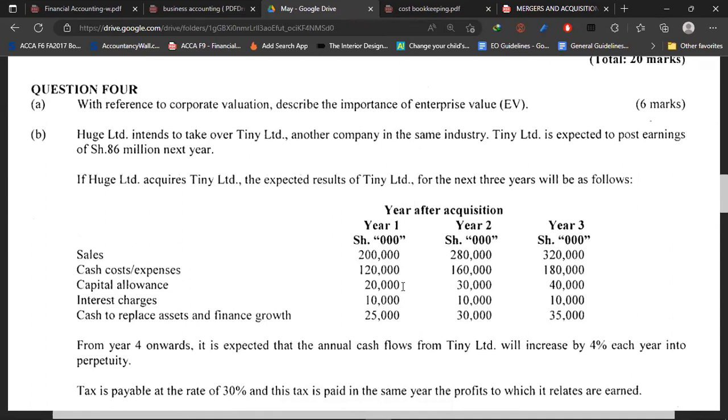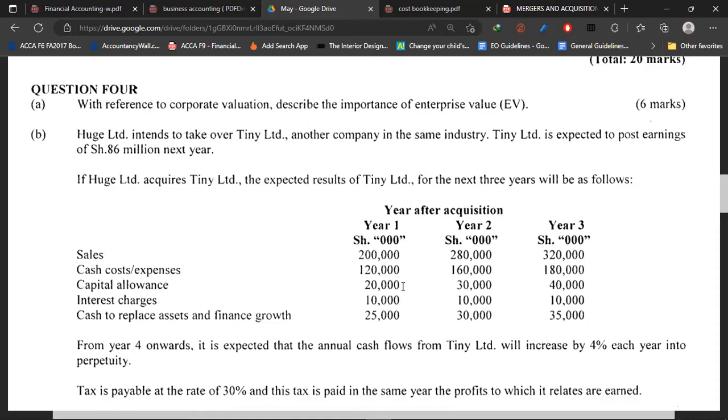Huge Limited intends to take over Tiny Limited, another company in the same industry. Tiny Limited is expected to post earnings of 86 million shillings next year. We have year of acquisition, year 1, 2, and 3. We have sales, cash costs, stock expenses, capital allowance, interest charges, cash to replace assets and finance growth.